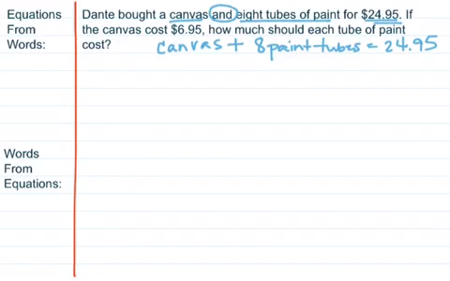And then on the next line we were told that the canvas cost $6.95. So let's fill in that blank. $6.95 plus 8, and the question is how much is each tube of paint? So I'll put P for paint. Defining my variable, I'm going to say P equals paint tube.